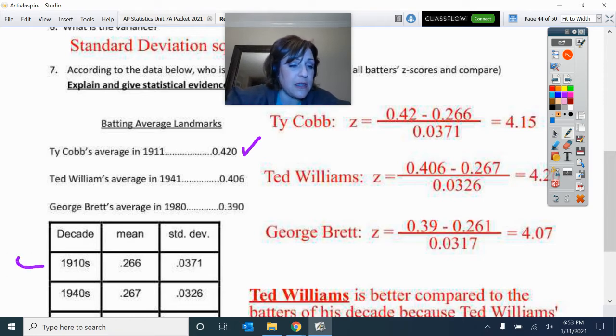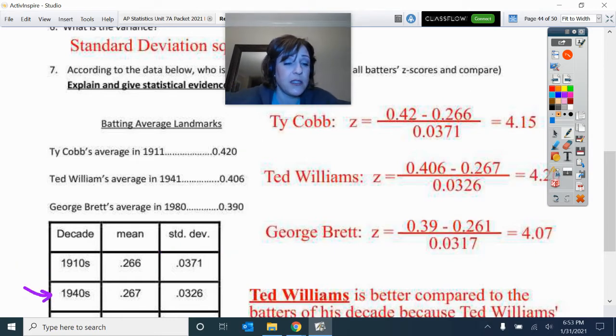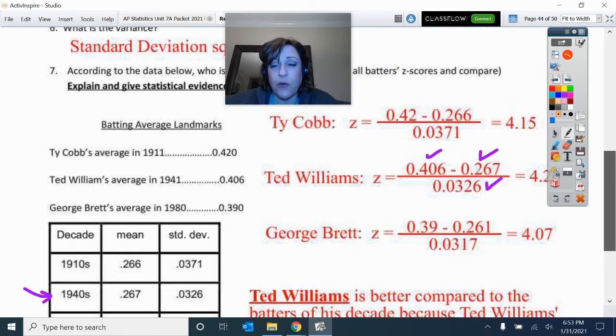So we had to use the 1910s mean and standard deviation. That's the mean and standard deviation we used for Ty Cobb's X value. We did that for each of these players. Ted Williams was in the 40s, so he had this X value, and we compared it to the 40s mean and standard deviation, and so on.